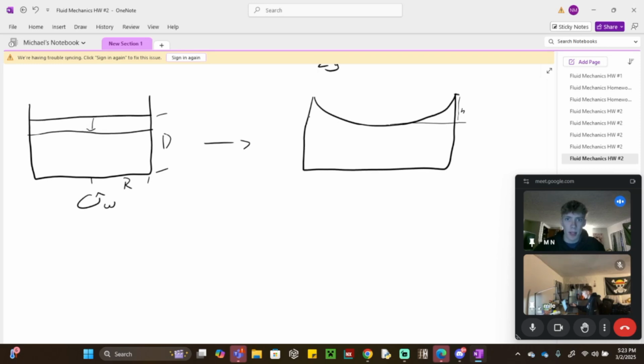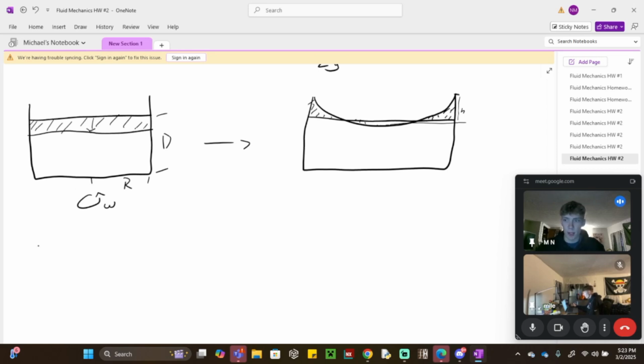So say that this is our fluid before it's spun, and this is our fluid after. This volume that is up on the sides would be equal to the volume of the fluid before it moved down to the lowest point. So this point would be here. So these two volumes are the same.